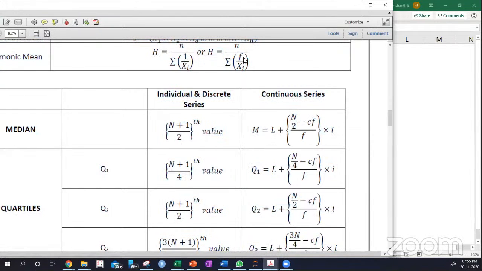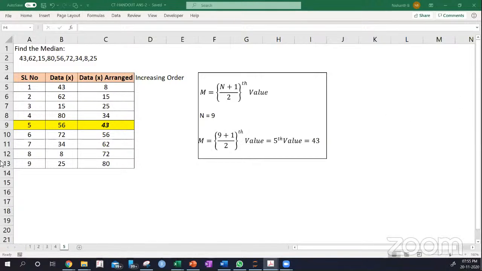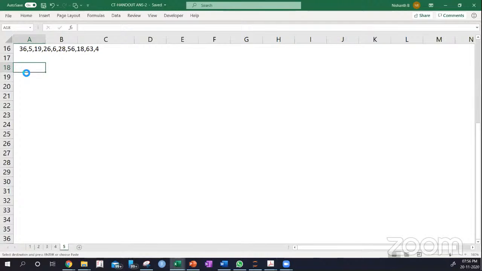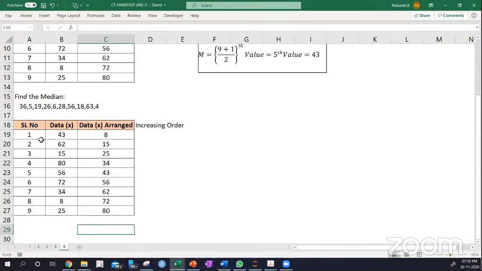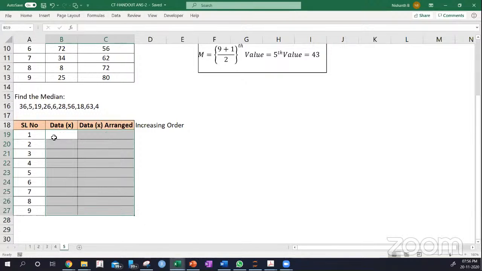Okay, next problem. I'll do the same thing and copy the data here. 36, 5, 19, 26, after that 6.